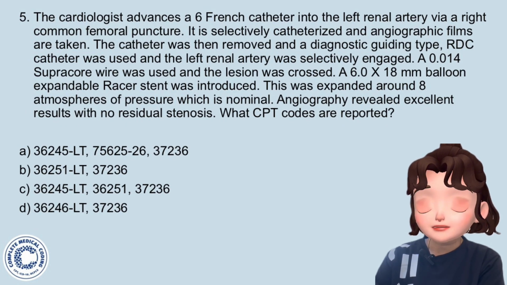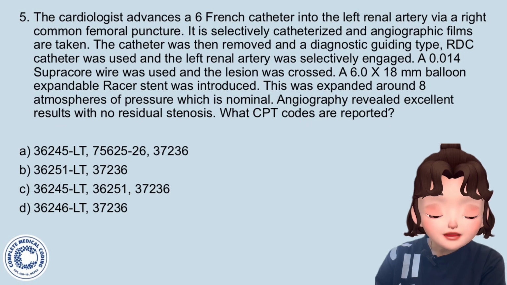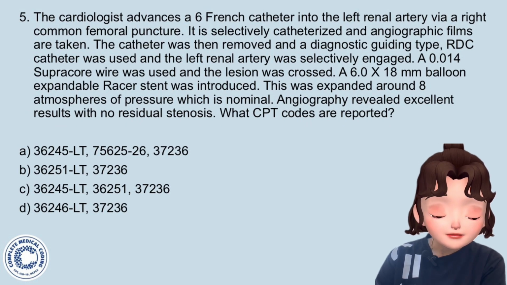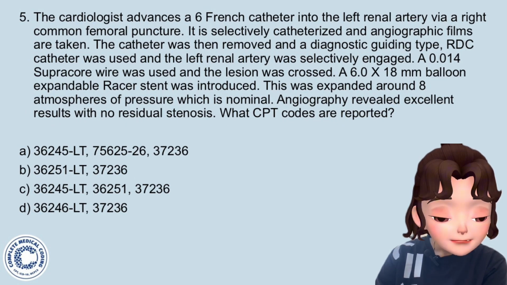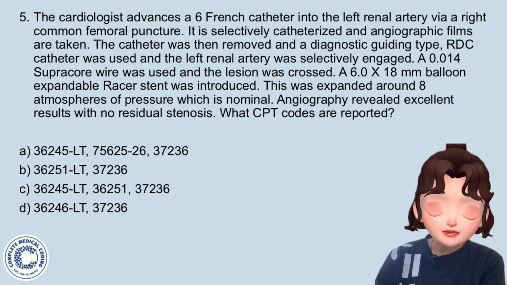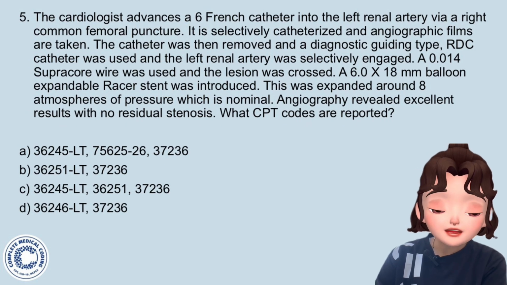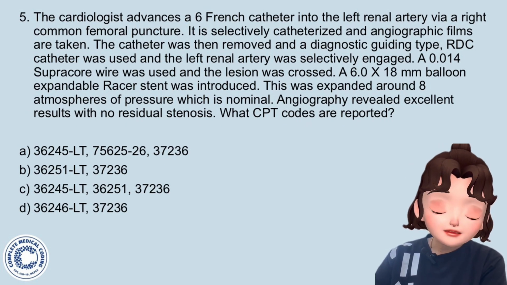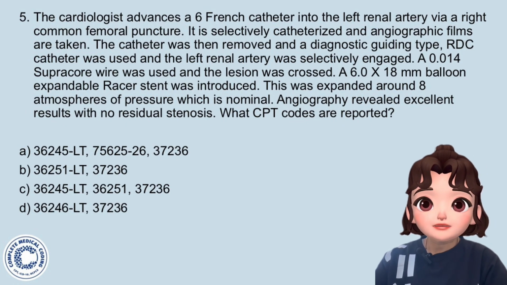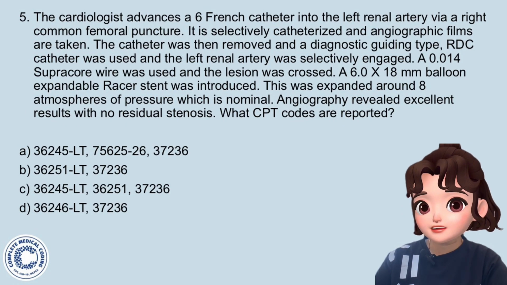Then the right common femoral puncture is also mentioned in the question. Including arterial puncture and catheter placement, both are there, which is in the question. So we got the correct answer, option B.